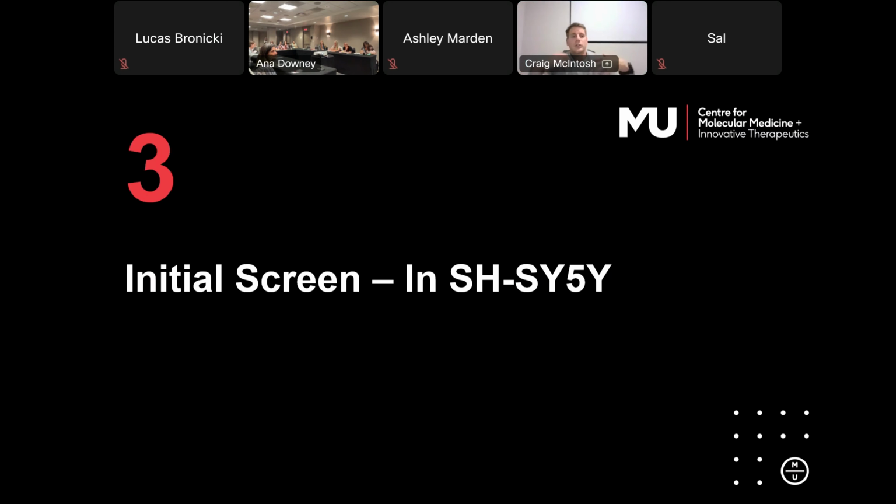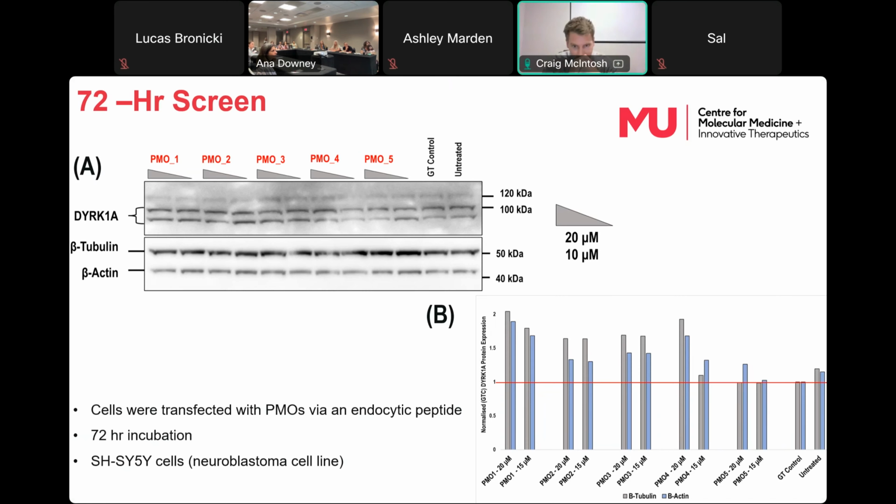So we initially screened our compounds in a neuronal-like cell line, a cancerous neuronal-like cell line, because they proliferate really nicely and they are a good cell line to study for early studies looking at neuronal conditions, because obviously neuronal tissue is quite hard to come by.